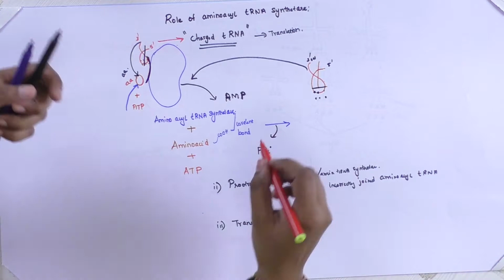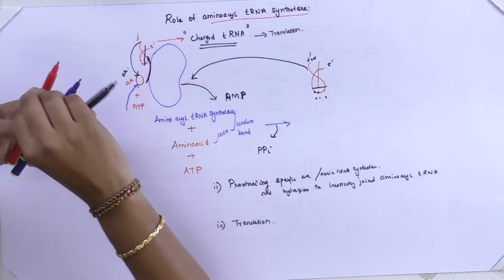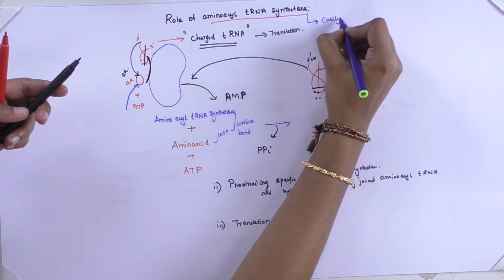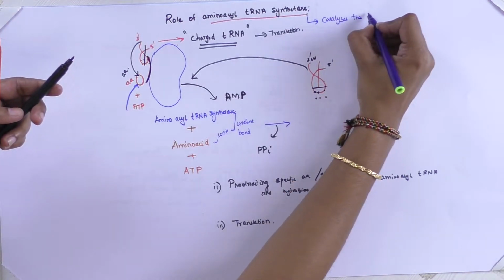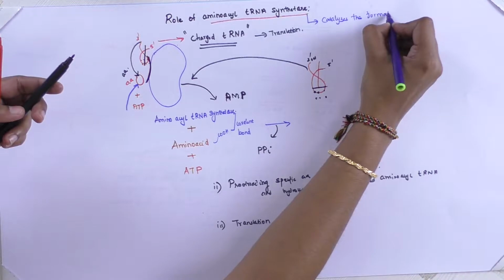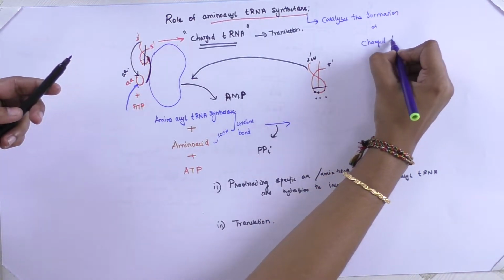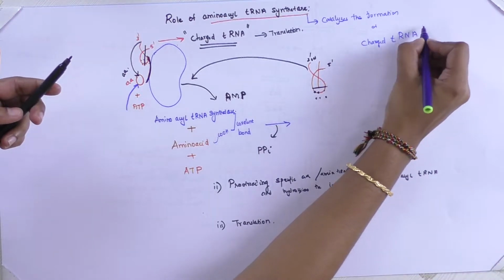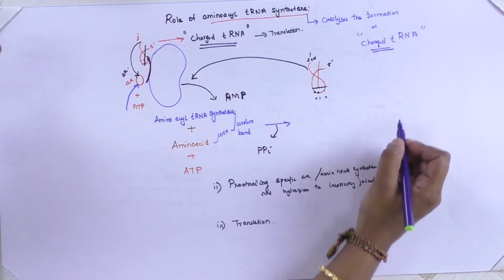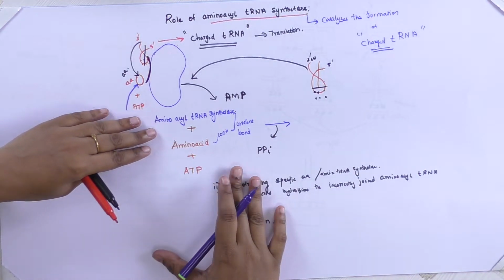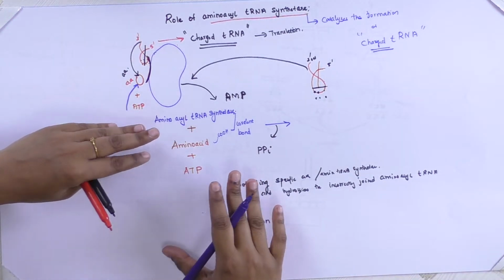So the major function of amino acid tRNA synthetase is to catalyze the formation of charged tRNA.